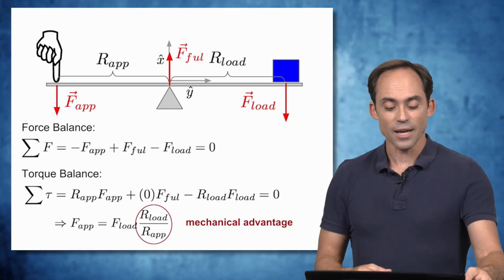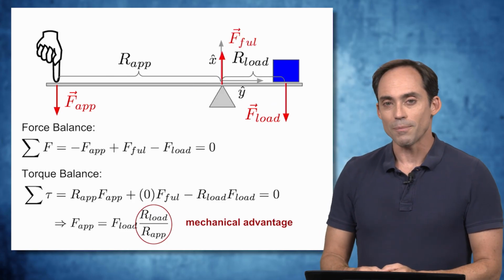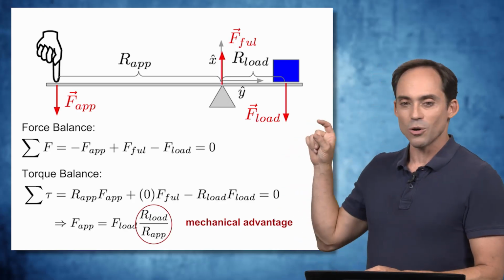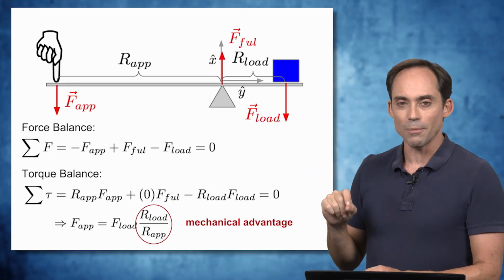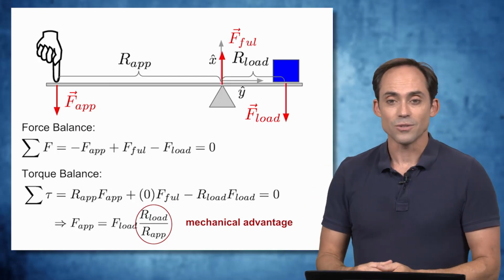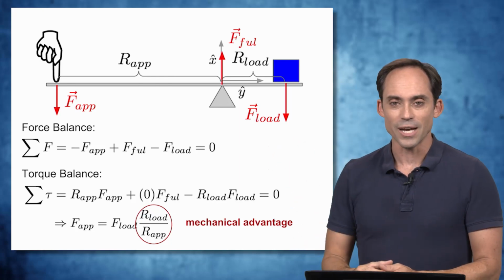But of course, I can move that around to a different place, and for example, if I move that pivot point closer to where the load is, then the ratio of the load distance to the applied distance, which we call the mechanical advantage, becomes a lot smaller. All right? That load is a much smaller distance away from the fulcrum than the applied distance.